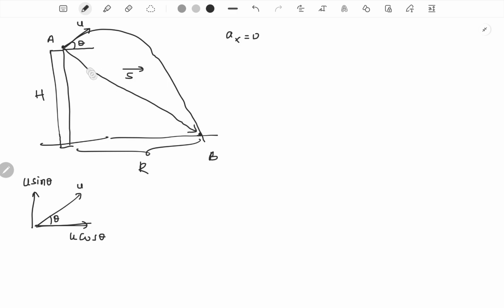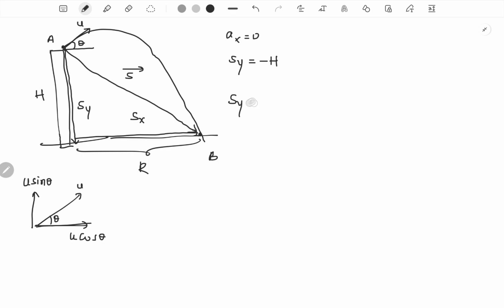The displacement, we can resolve it into two components. Vertical component would be sy. The horizontal component would be sx. So sy would basically equal minus h, minus indicating that that component of displacement is in the downward direction. So first my interest is to find the time taken by the body to reach the ground.